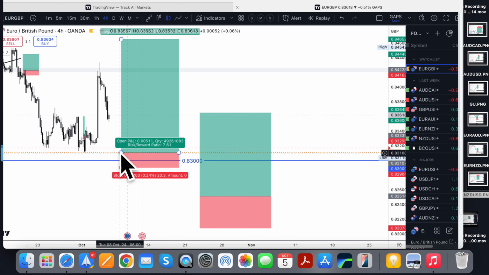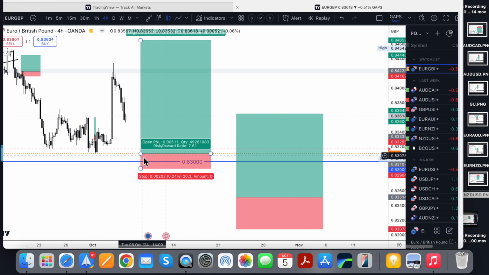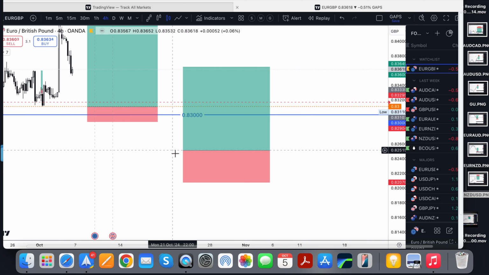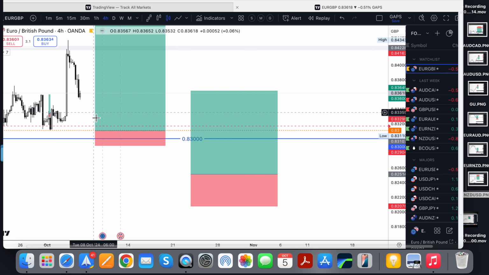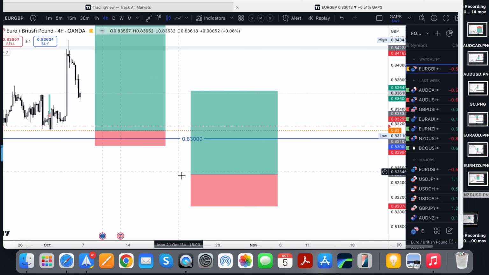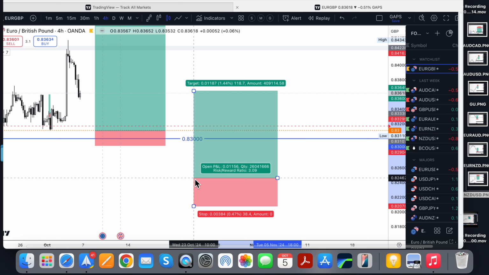So here we're looking for an engulfing candle, big wick, big tail in this red area, showing that we're rejecting this 83. We've also marked a second area down here at 82,500 because this might go down further. So this is potentially a trade where I would enter here with a tight stop loss, and then if it didn't go my way, I would take the loss, and I would look at potentially entering again here and potentially again down at 82.